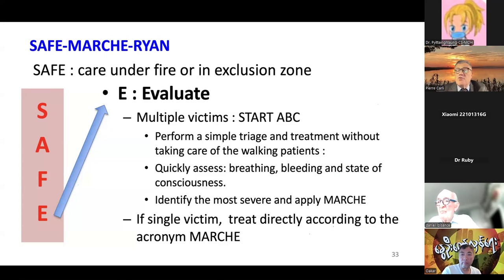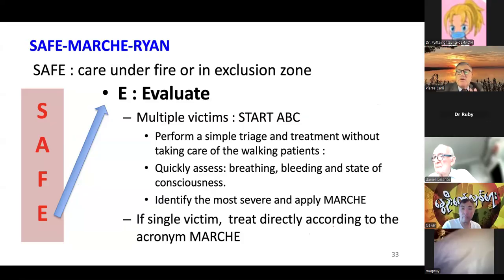First, you don't care for the patients that are walking. You just tell them to go out to a safe position. Next, you clearly assess breathing, bleeding, and consciousness. Very simple, 3 points. Are you breathing? Is it bleeding? Is there consciousness?